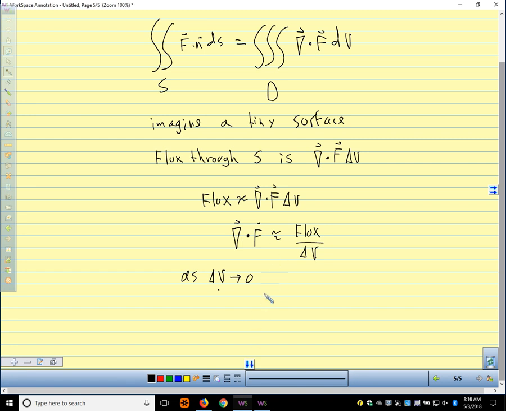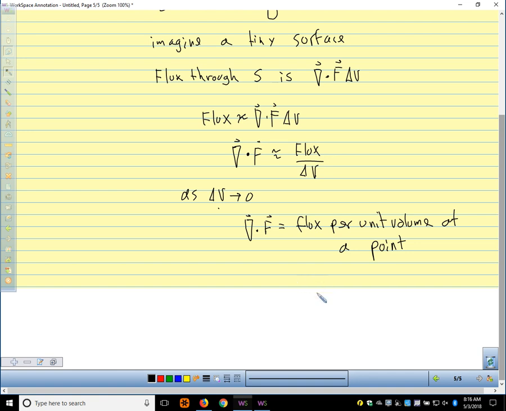As delta V approaches 0, we can say that the divergence of F equals the flux per unit volume at a point. The flux per unit volume at a point is the rate at which density is increasing.